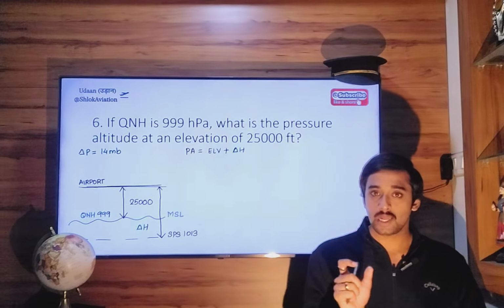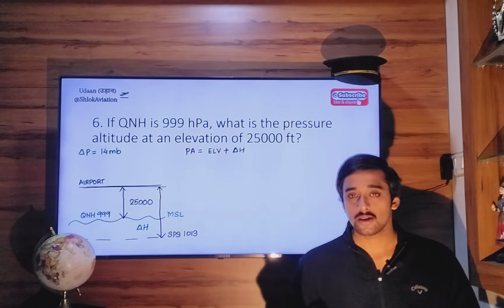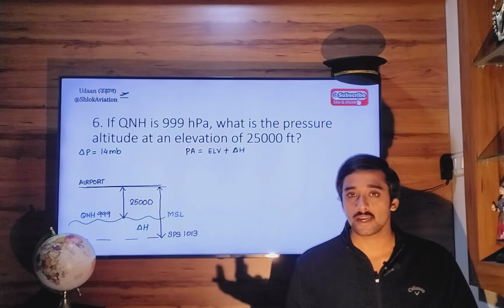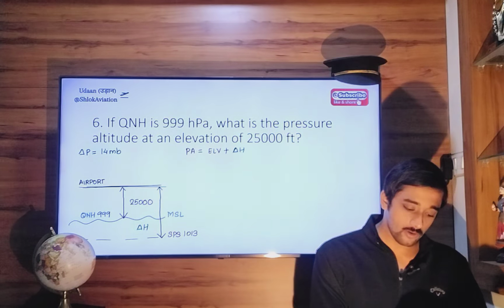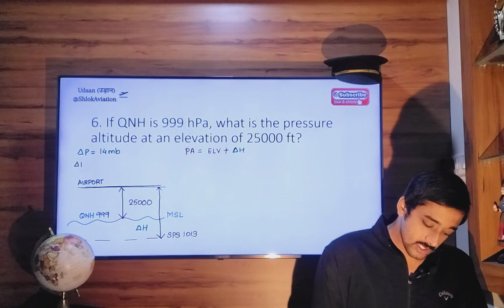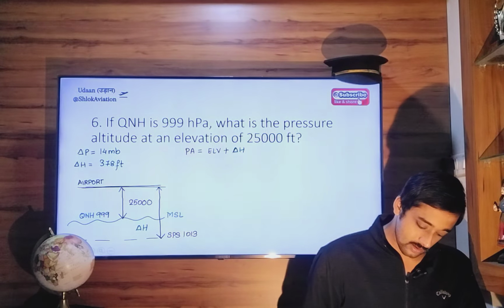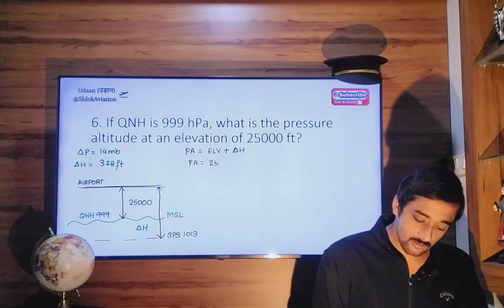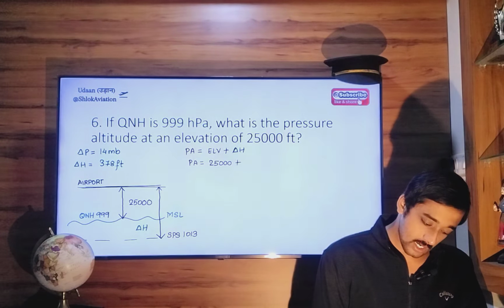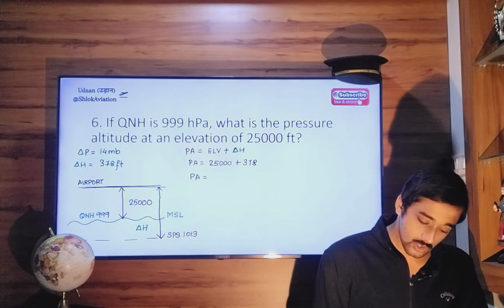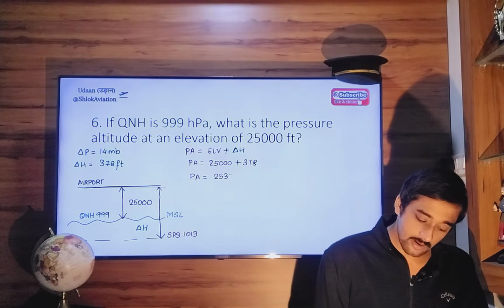Now we know that 1 millibar equals approximately 30 feet in height difference, or 27 feet, the accurate value. So 14 will be equal to 14 into 27, 378. So this is equal to a height difference of 378 feet. So pressure altitude is equal to 25,000 feet elevation plus a height difference of 378. So pressure altitude equals 25,378 feet.